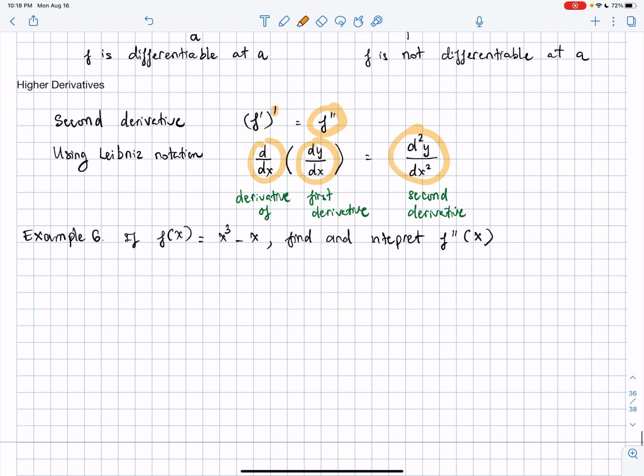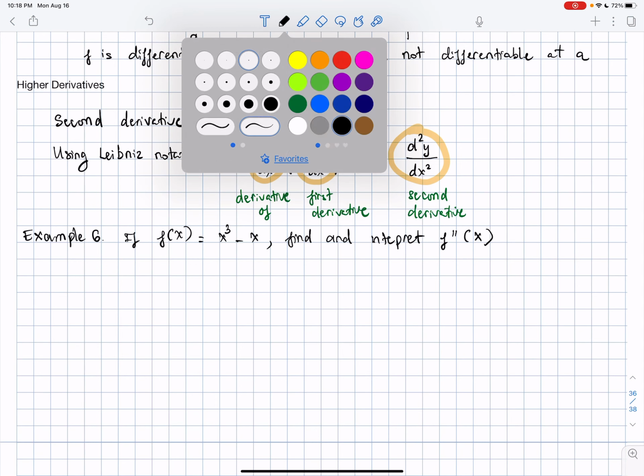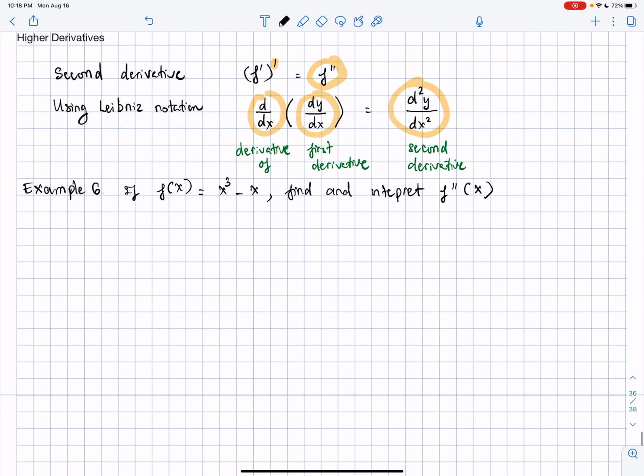Example number 6, we want to find the second derivative. From the example that we learned before, the first derivative of this function is 3x squared minus 1. This one is from example number 2.